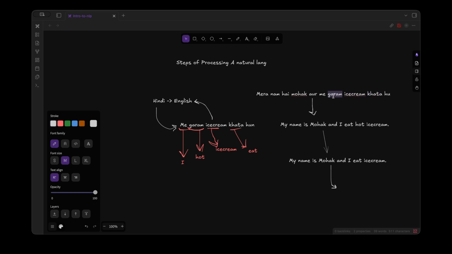Garam might be the adjective of the particular sentence, even though we are disregarding it, but let's say it might be an adverb or adjective, I don't know, but that is pretty much the understanding of it. So what is the important part? The important part is I is related to Mohak, so I is a pronoun which I'm using for the noun which is called Mohak, right?